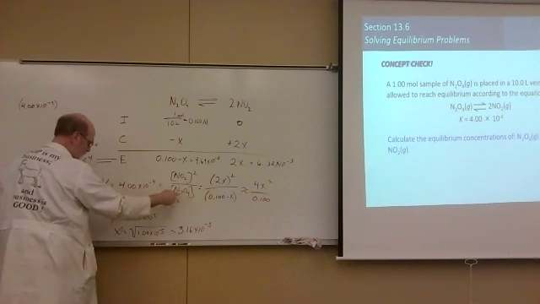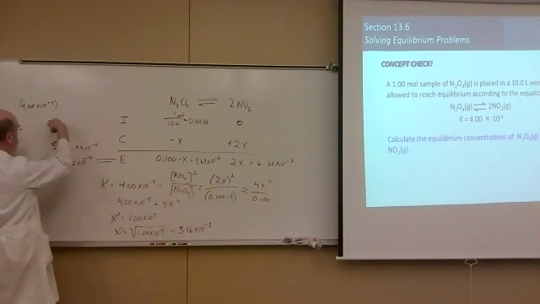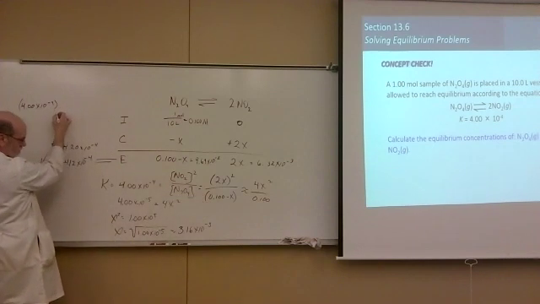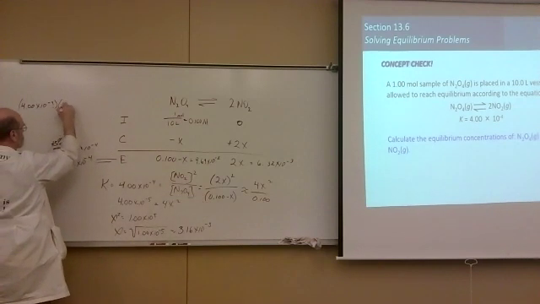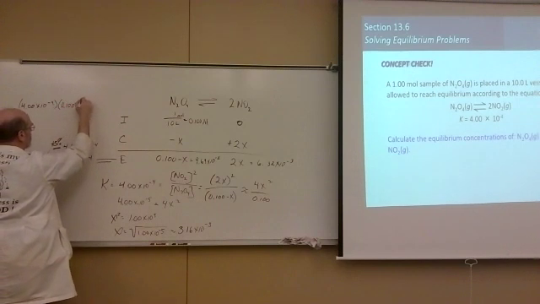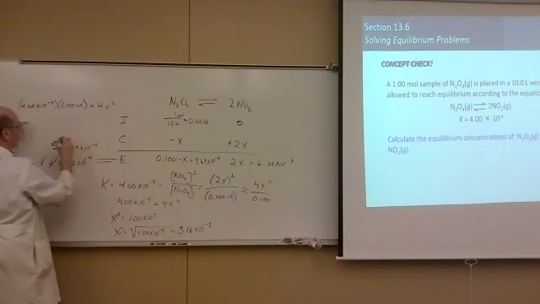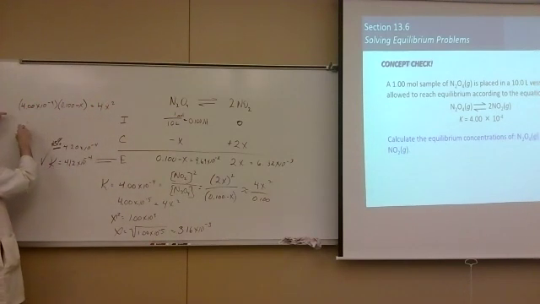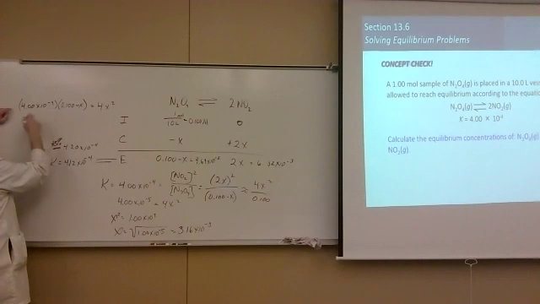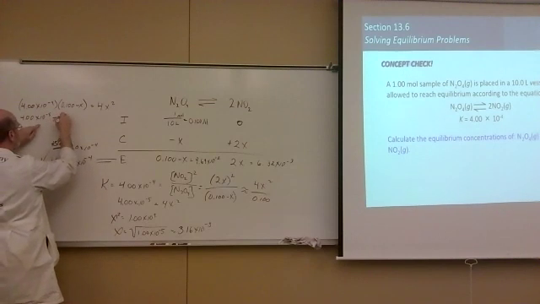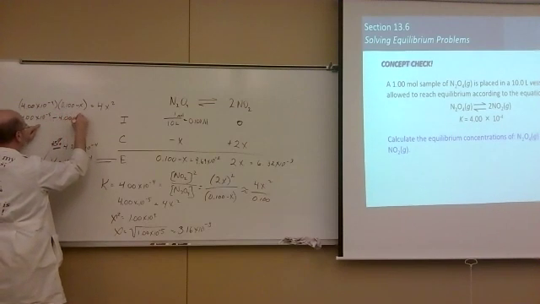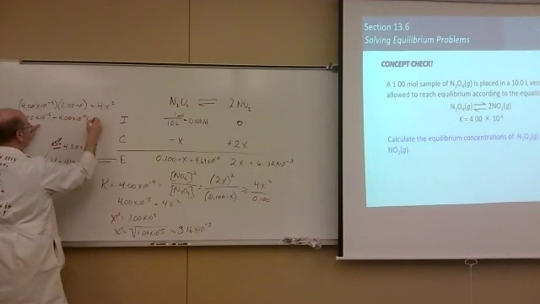If I resolve this equation over here, then this times 0.1 minus x equals 4x squared. And then 0.1 would be 4 times 10 to the minus fifth minus 4, 10 to the minus 4x.